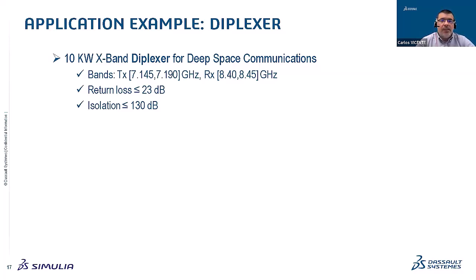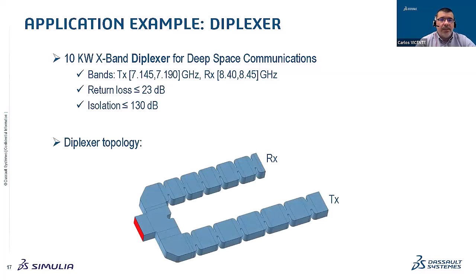Just before doing the complete design procedure, what we want to design in the end is something like that. We have the receiver and transmitter bands, and we want to combine them in one single channel. So how could we proceed to develop this diplexer?